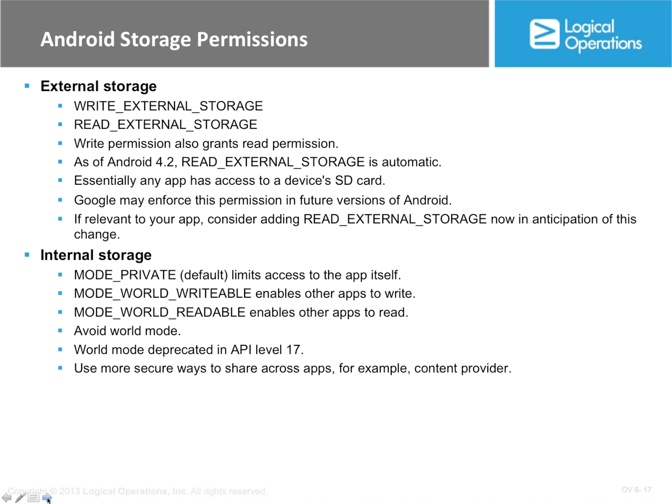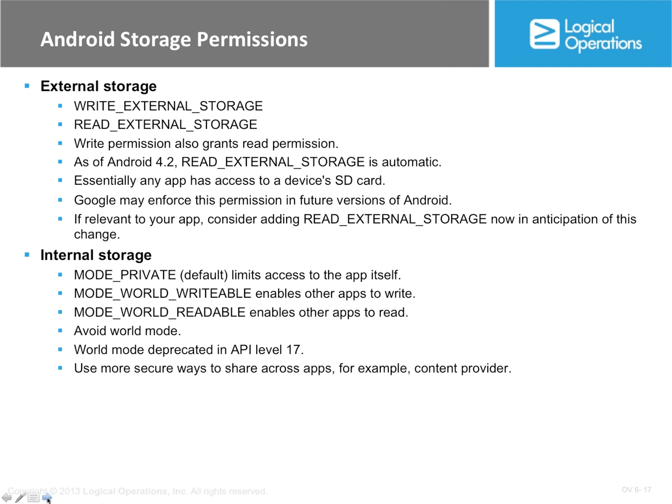Okay, important highlight here. In Android 4.2, read external storage is automatic. It's default. Anything on the external storage device, whatever it is, by default in 4.2 is considered world readable.